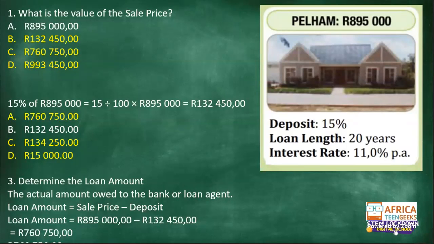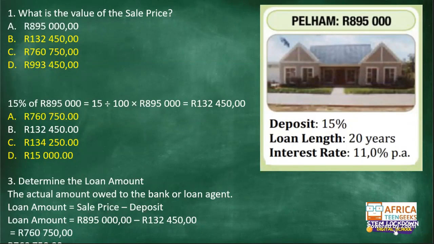So you can see that 20 years is quite a long period of time. And of course, you now have to pay your interest on a monthly basis, and it is calculated at 11% per annum. This means that if you are going to make your payments on a monthly basis, you check how many months there are in 1 year.